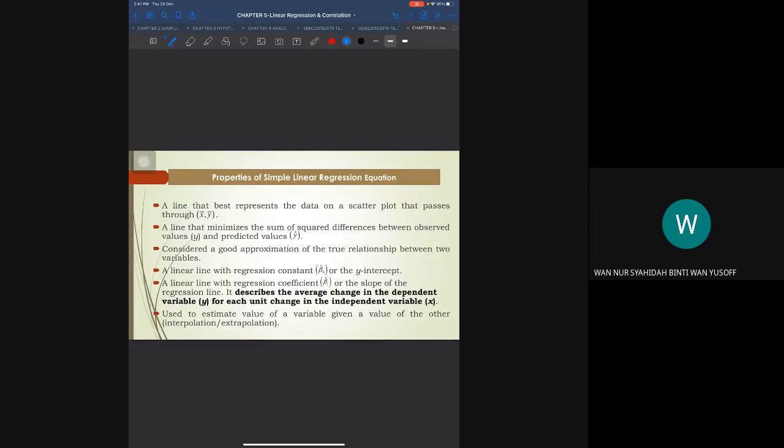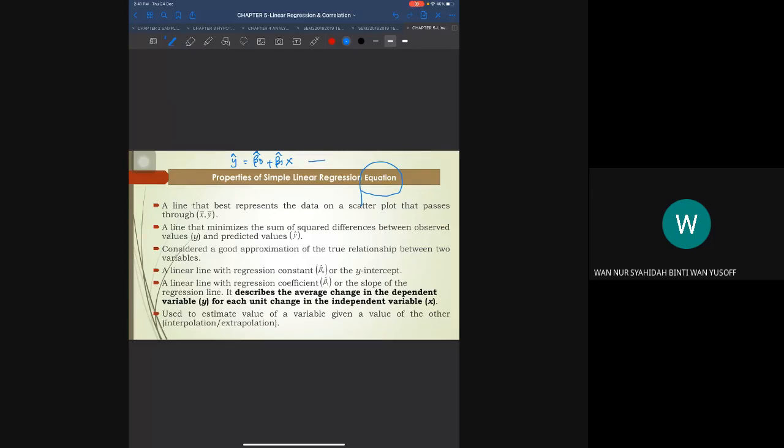Properties. When we have the equation here, we use it for prediction. So we have y cap equals beta note cap plus beta 1 cap times x.